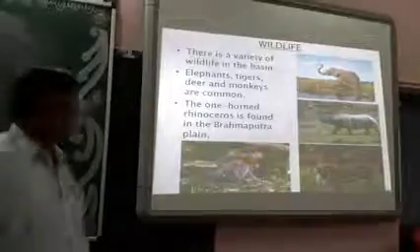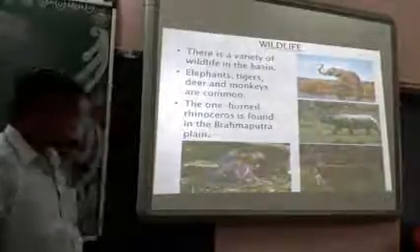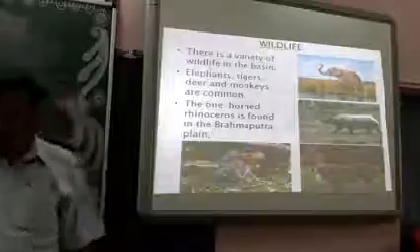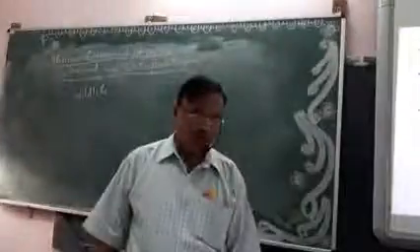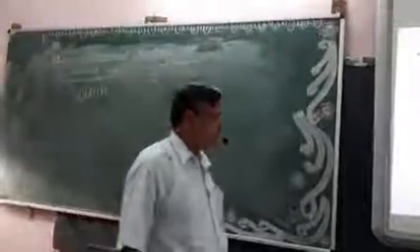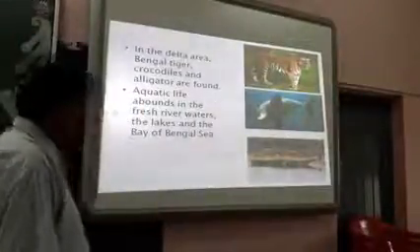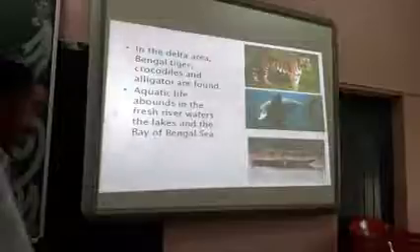The one-horned rhinoceros, the Asiatic rhinoceros, a famous species, is found in the Brahmaputra plain. Crocodiles and alligators are also found in this region. In the delta region, the Bengal tiger and crocodiles are found.